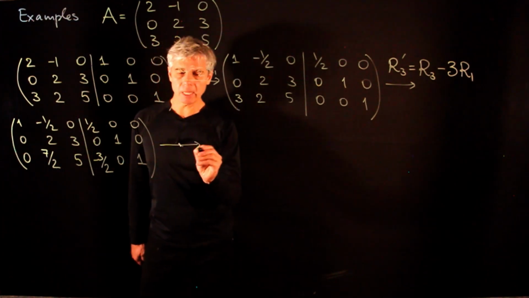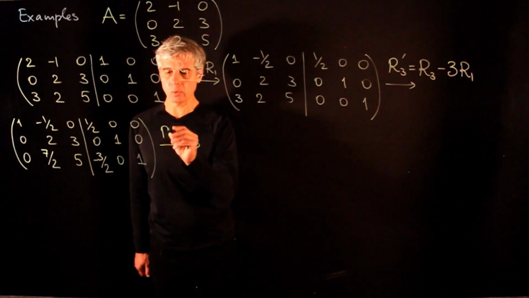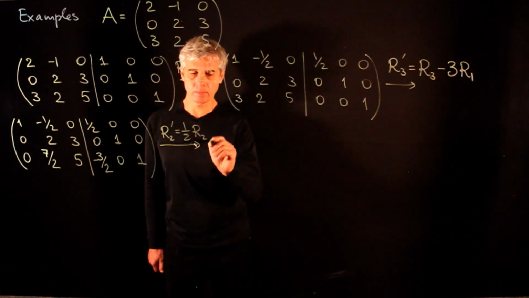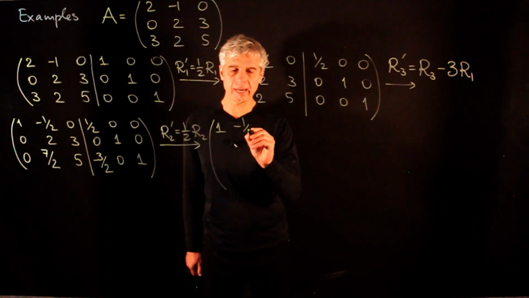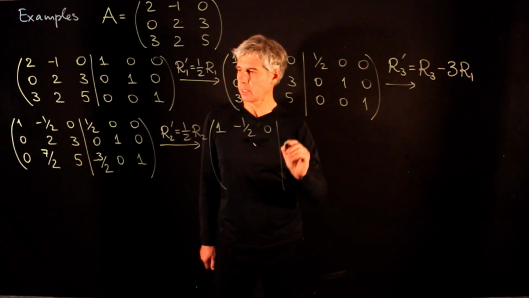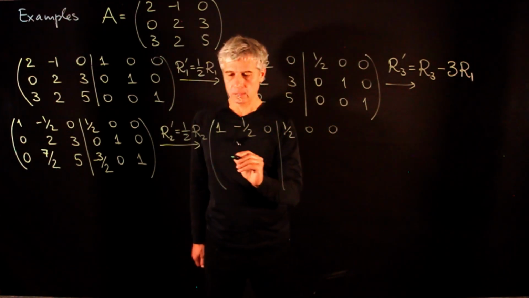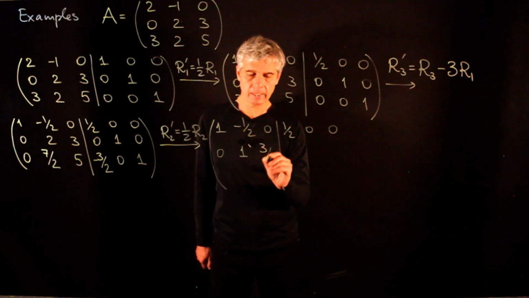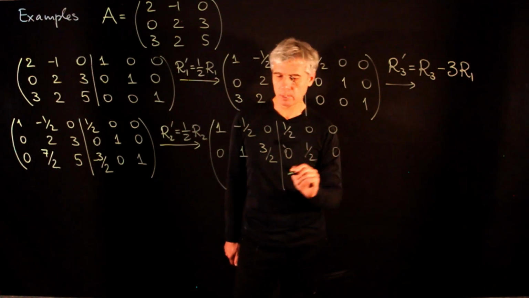So next we create a pivot in the second row. So we say row 2 prime is 1/2 times row 2. We get 1, -1/2, 0, 1/2, 0, 0, 0, 1, 3 halves, 0, 1/2, 0.